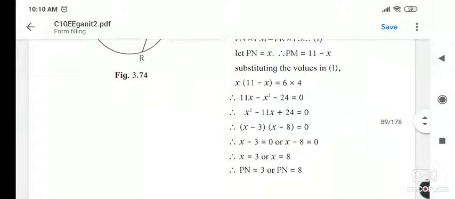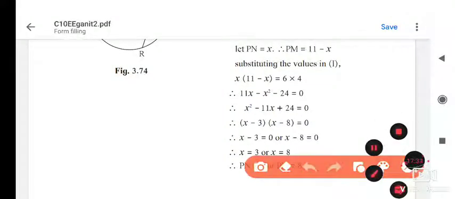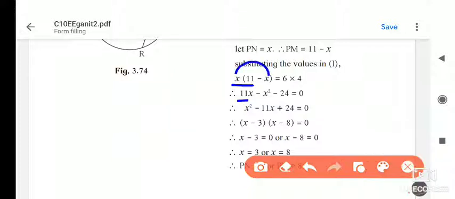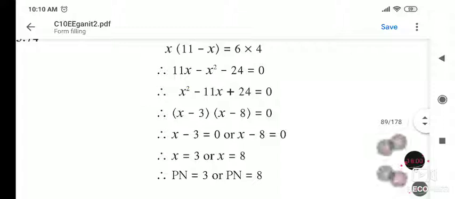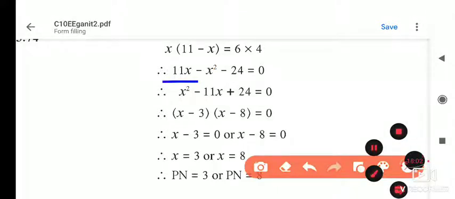Now if we solve this, x into 11 is 11x, and x into minus x is minus x square. 6 fours are 24, and this 24 will come to the left side of the equal sign for the subtraction. So we got 11x minus x square minus 24.